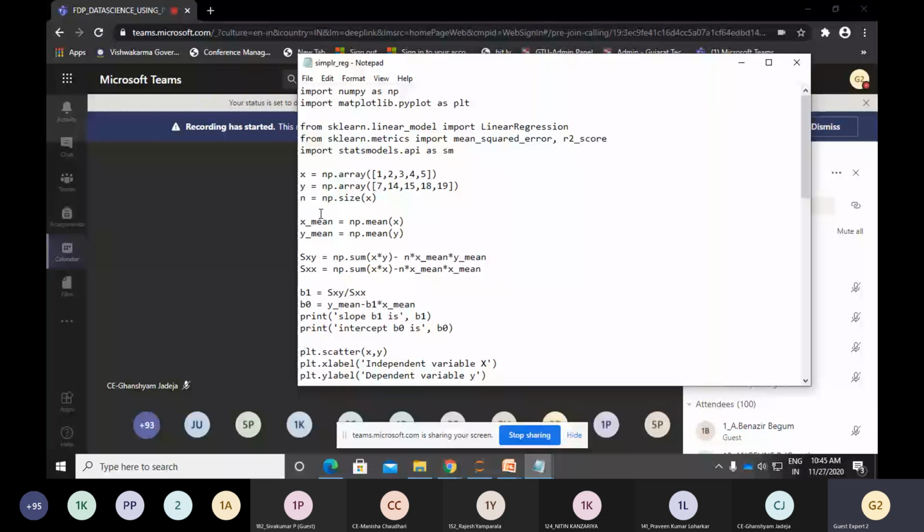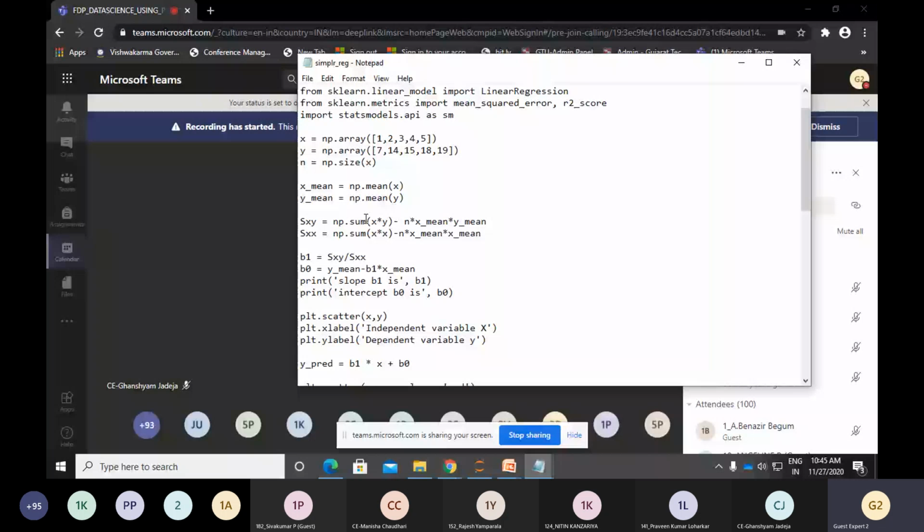We have computed the mean of x, mean of y, then sxy and sxx, which is the sum of the terms. This sum function will do the summation of the complete array.